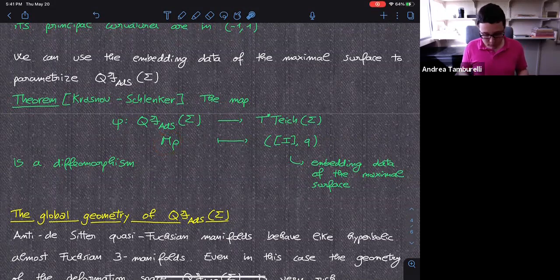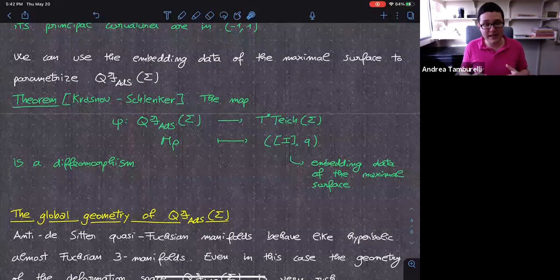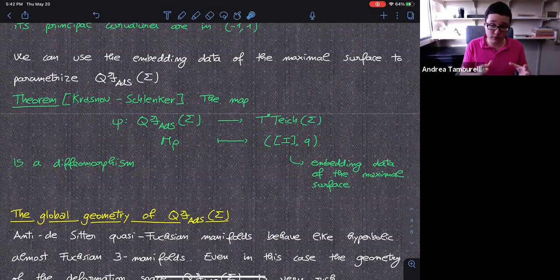And this map turns out to be a diffeomorphism. So in particular, you can completely determine the metric on the Lorentzian manifold M rho just by looking at the induced metric and the second fundamental form of the maximal surface. And actually, the induced metric is completely determined by just its conformal class and the quadratic differential Q.